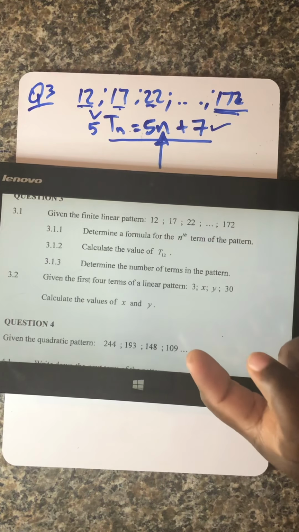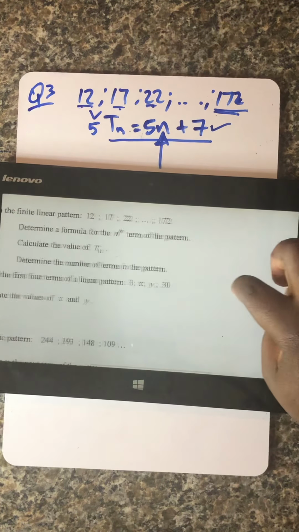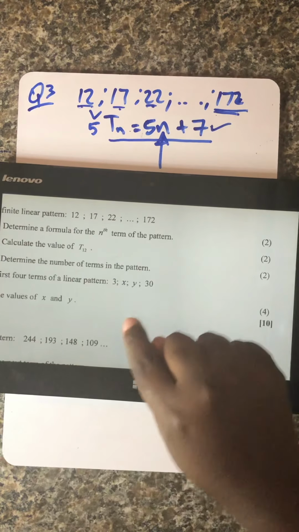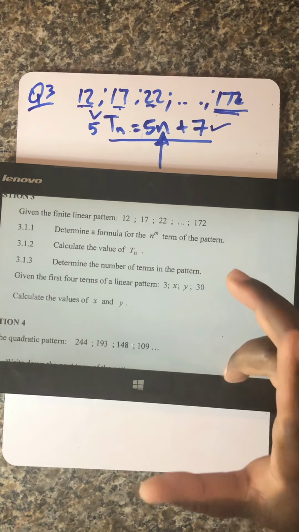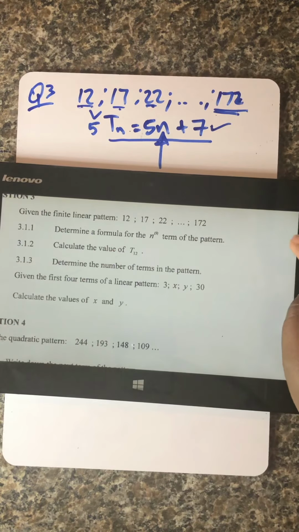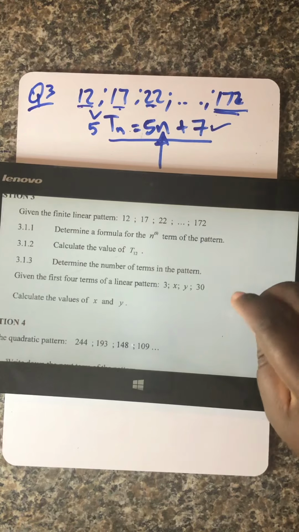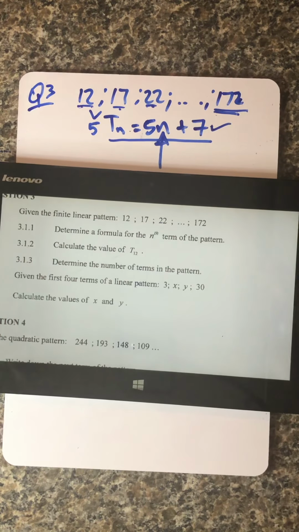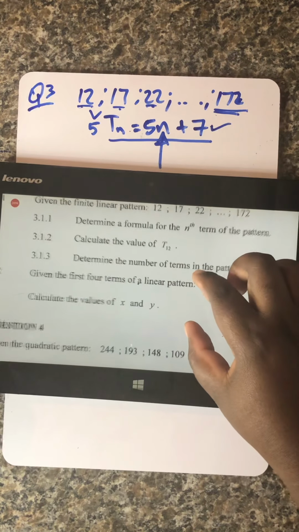For the fact that this question is allocated 4 marks doesn't necessarily mean that this question is complicated or difficult. They just want to test your understanding. You just apply all of these basic rules that we have applied with the first 3 questions. Nothing complicated, nothing tricky.